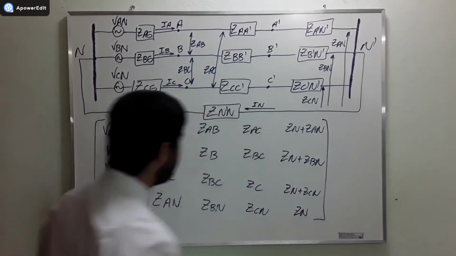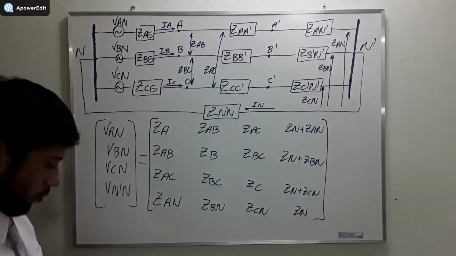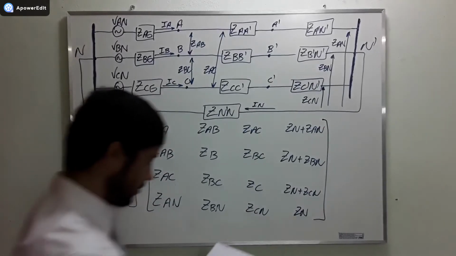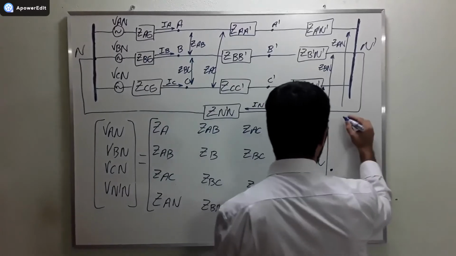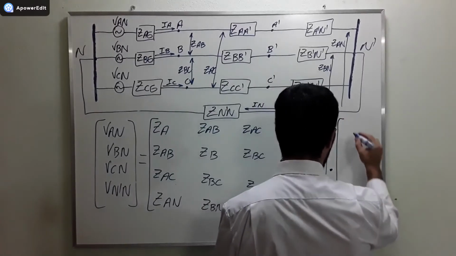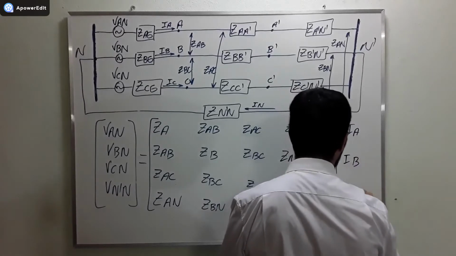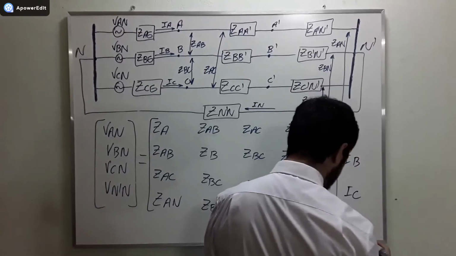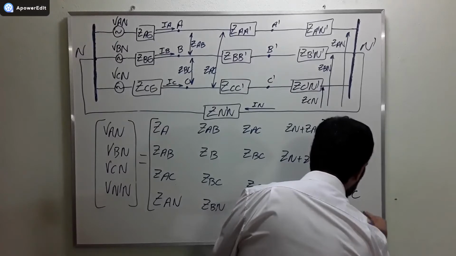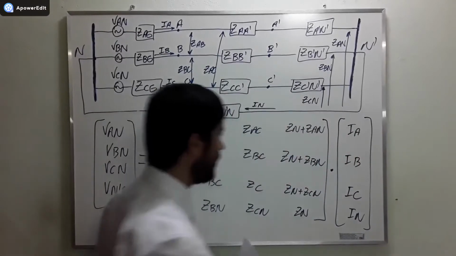And the currents now, we have to multiply it by the current. The currents will be IA, IB, IC, and IN. Okay?